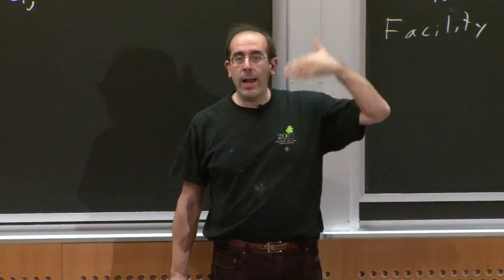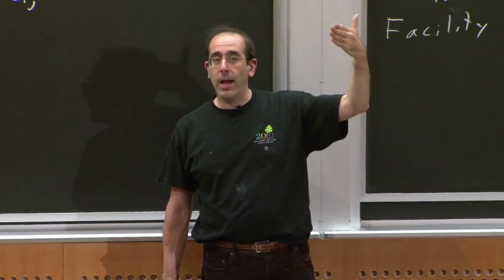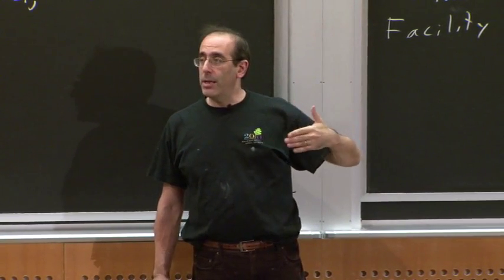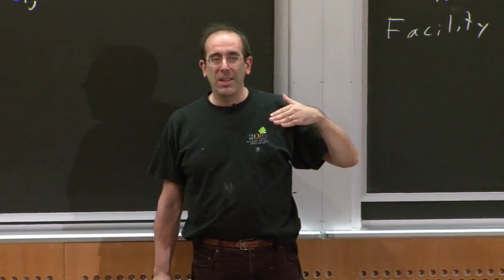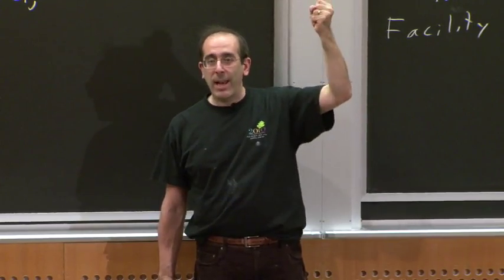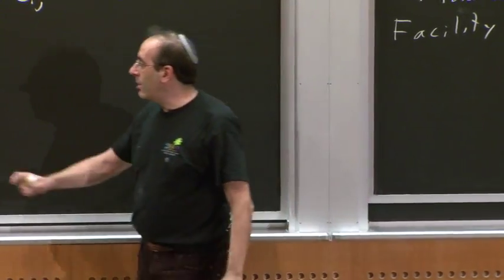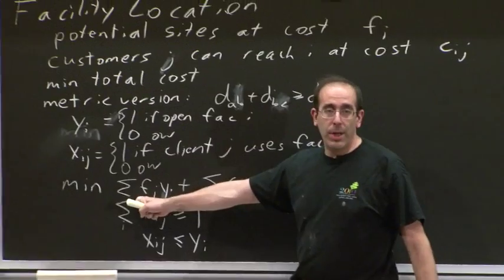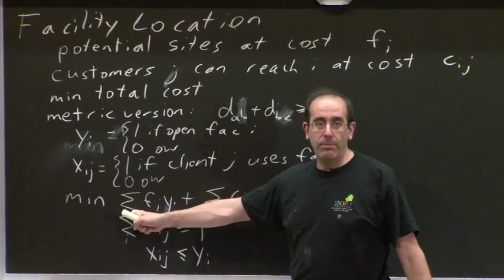Right? Taking yi up to 1 is fine if yi is large. The problem is if yi is small, then that's a big scaling, right? And that's going to make it very expensive compared to what the relaxed optimum tells us.